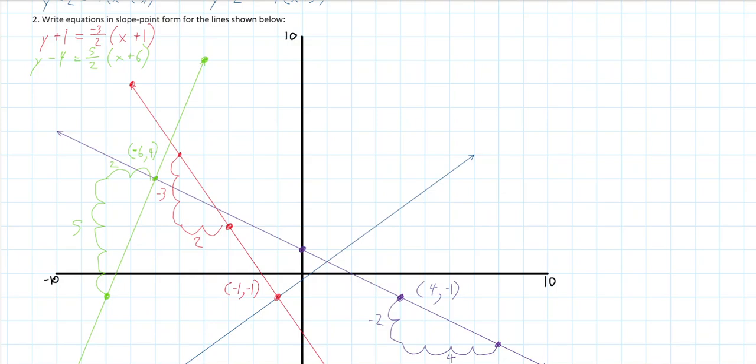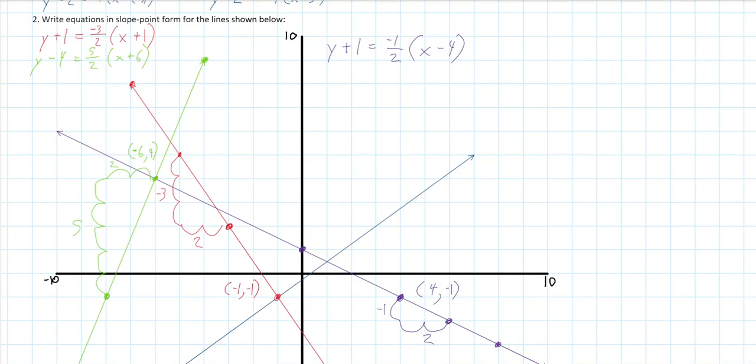So when I write this out, it's y plus 1 equals negative 2 over 4. Actually, now that I'm seeing that, I can see that I can simplify it. So I'm going to do that right now: negative 1 over 2, and then bracket x minus 4.